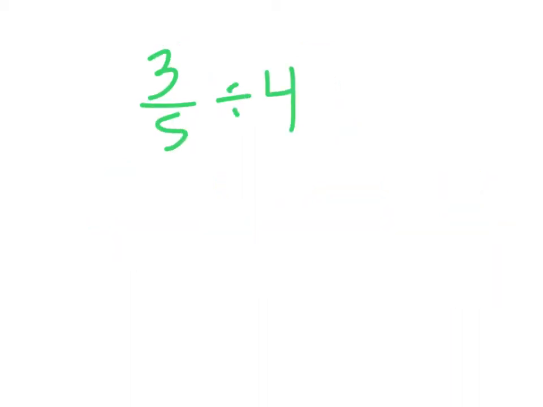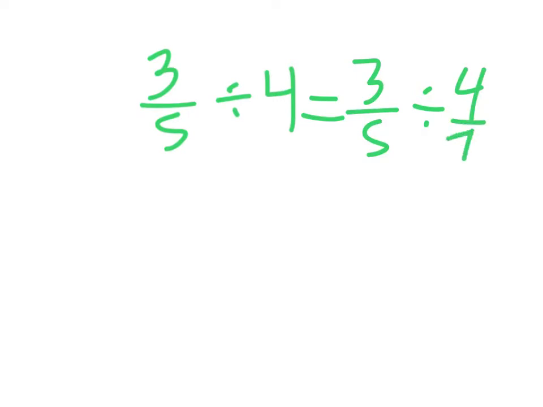Now let's do one with a whole number. So here we have 3/5 divided by 4. So just like with multiplication, we're going to want to turn the 4 into a fraction by putting it over 1. So we get 3/5 divided by 4/1.